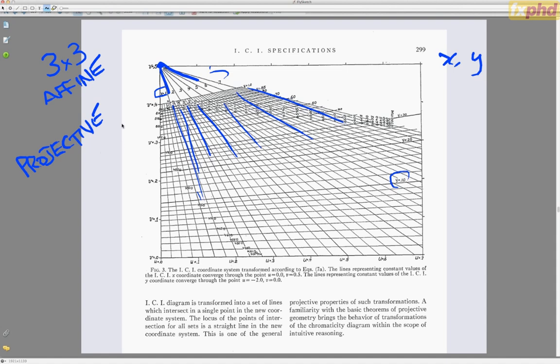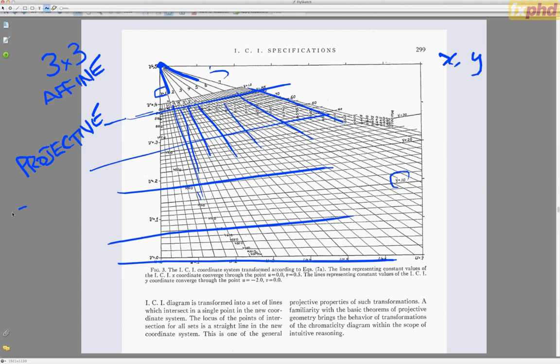And if you look really carefully, you can see, well, wait a minute, these lines are sort of radiating. It's just that their focus point is way off the screen here. So it's a perspective transform with two vanishing points.